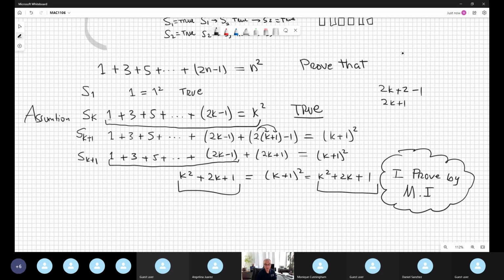The algebra is clear. Do you understand very well that multiplication k plus 1 times itself, FOIL, is k squared plus k plus another k plus 1, or is k squared plus 2k, combined like terms, plus 1.